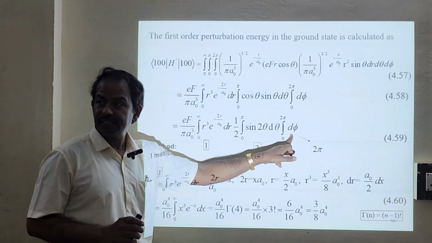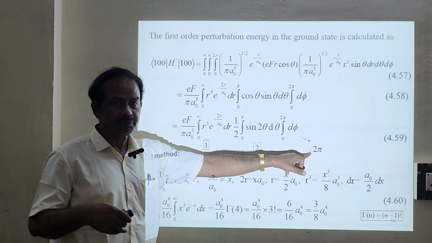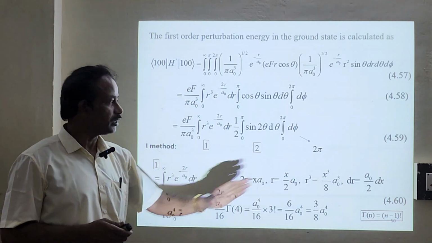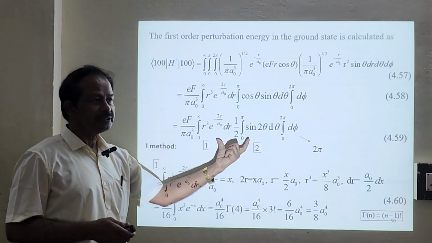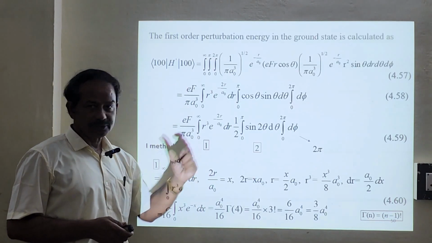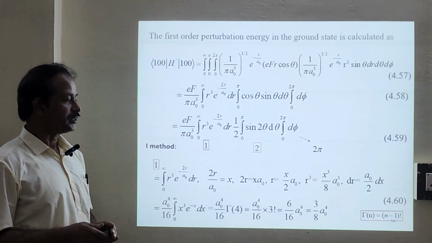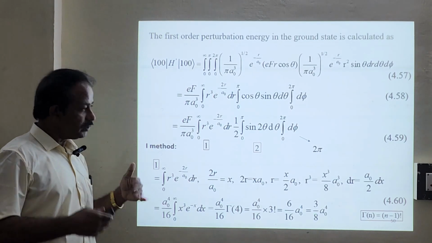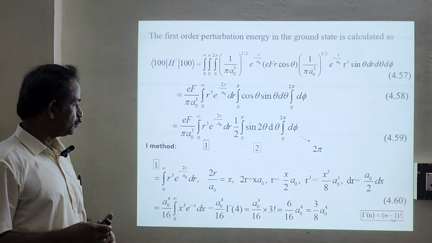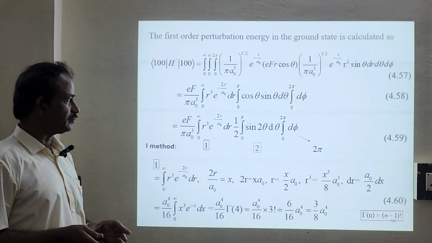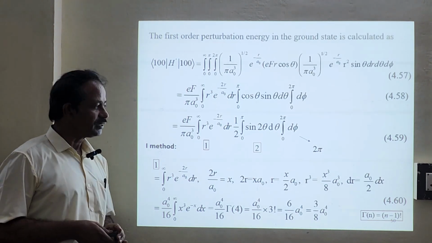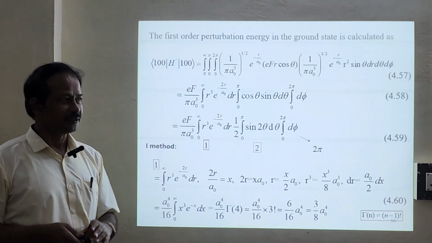Of course, we know the answer for the phi integral, we have already studied it. It will be 2 pi. We are only going to integrate these two expressions separately, one for the radial part, another for the polar angle part. We can solve by 2 or 3 methods, and whichever method is easier you can follow.